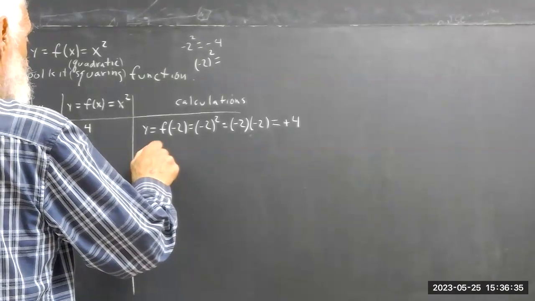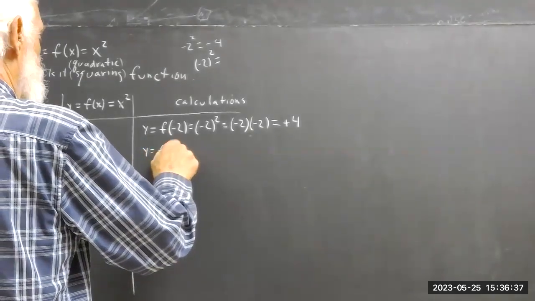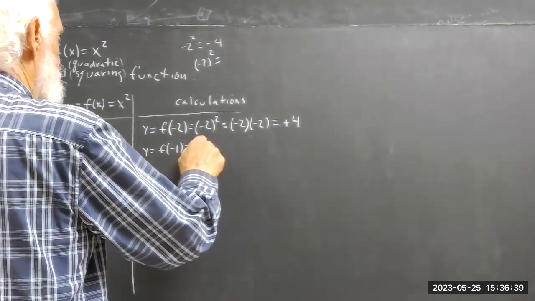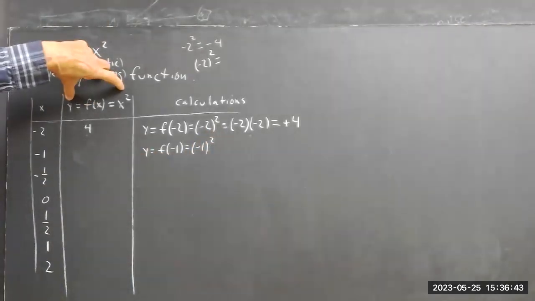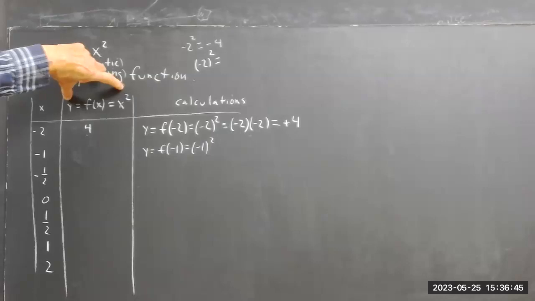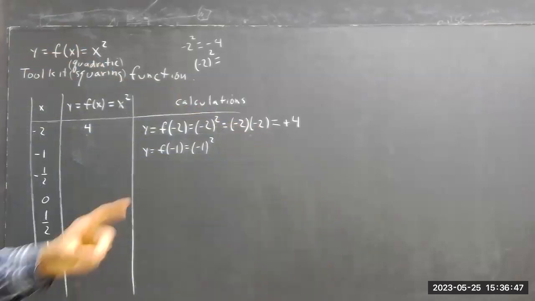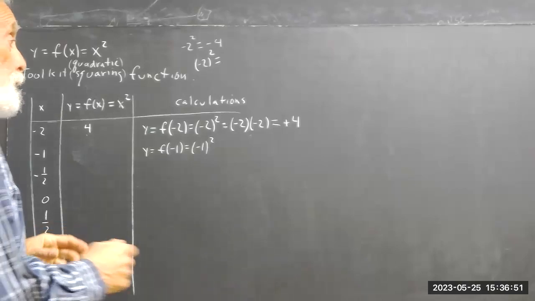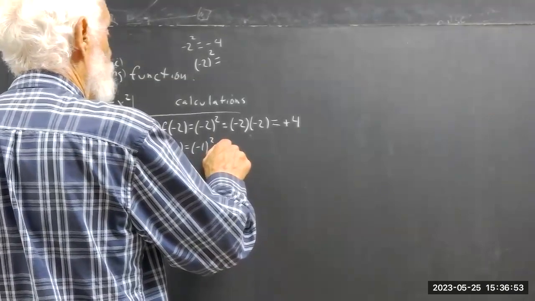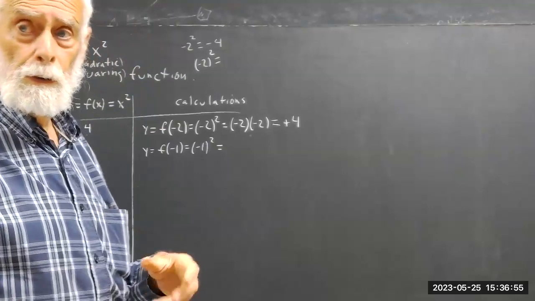In the calculations column, we write out the definition. We always write this out. We don't skip steps. Not at this point of the course. Later on, certainly, but not at this point of the course. Because if we skip steps, we're going to lose a third of the class.